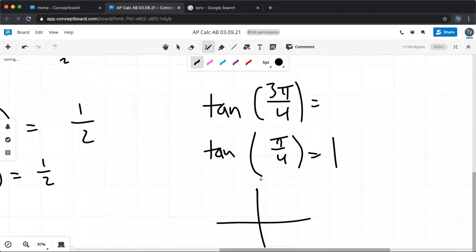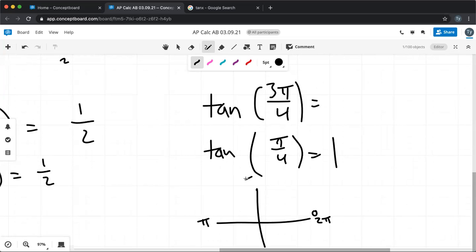I'll draw a mini unit circle. This is 0, but it's also 2 pi. If we start and go all the way around, right? If we start here and end here without moving, we're at 0 radians. But if we start here and move all the way around, we've gone 2 pi radians. This means if we go halfway around, that's pi.